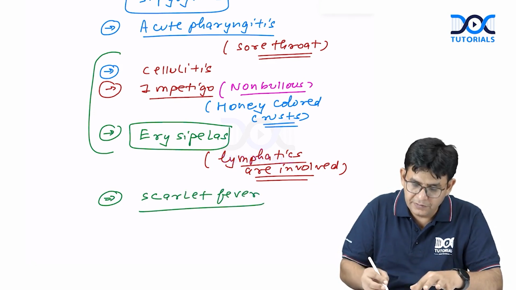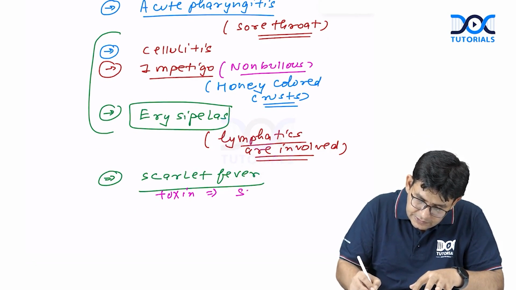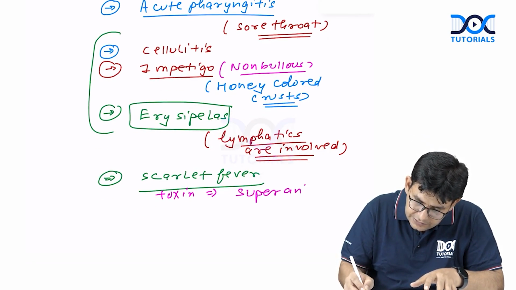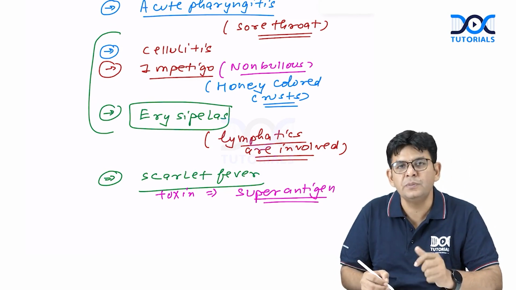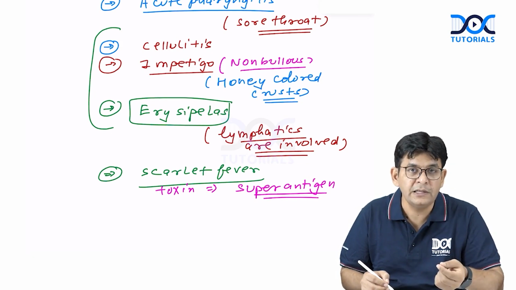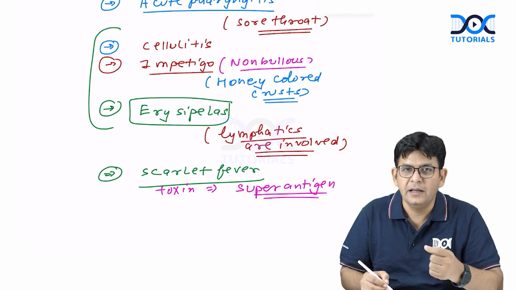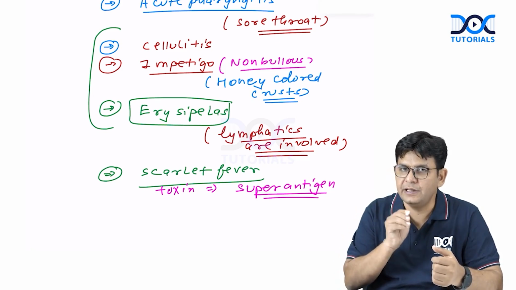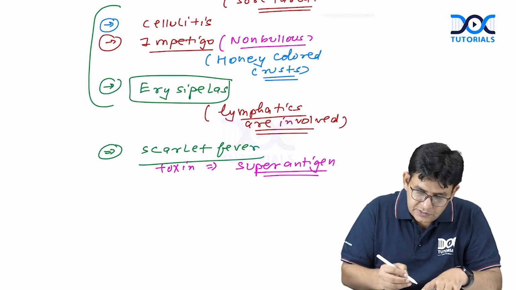And the scarlet fever toxin is termed the superantigen of Streptococcus pyogenes. And you know what a superantigen is? A superantigen is one which activates more than 20% of the T lymphocytes. Okay. And it attaches where? Laterally on the V beta domain. So that is important. Now, this is what a superantigen is.